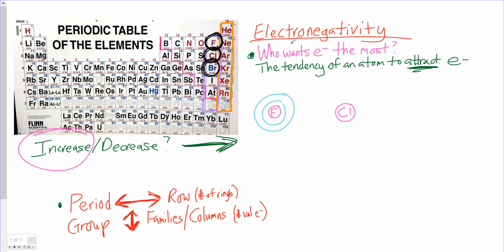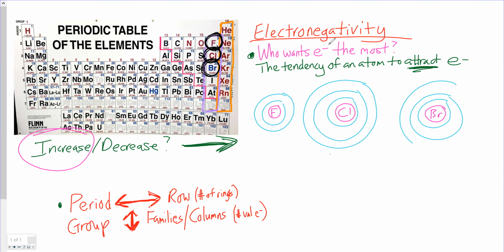He's down 1 row, so he has 3 rings. 1, 2, 3. All right, and then we have Br. There's his nucleus. And he has 4 rings because he's on the 4th row. 1, 2, 3, 4. All right, so here are our 3 atoms.